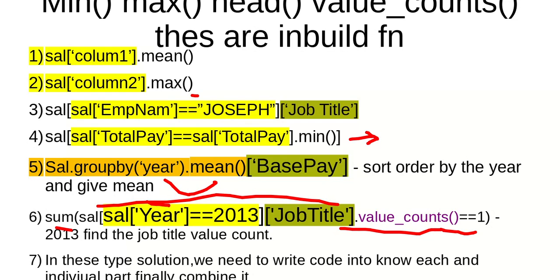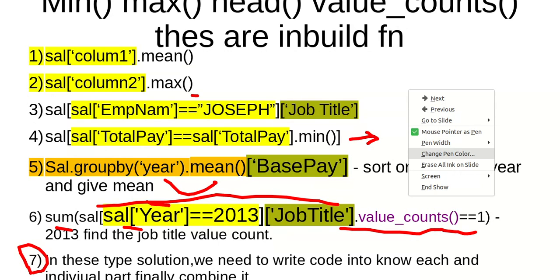Oh yeah, this is a very important part. Number 7 is, for example, if you are given a problem and you want to write code, don't worry about anything too much. Divide all the things separately, as I mentioned: individual parts, and finally combine them. If we need to write code for this solution, we write each individual part and finally combine. So first you write this.